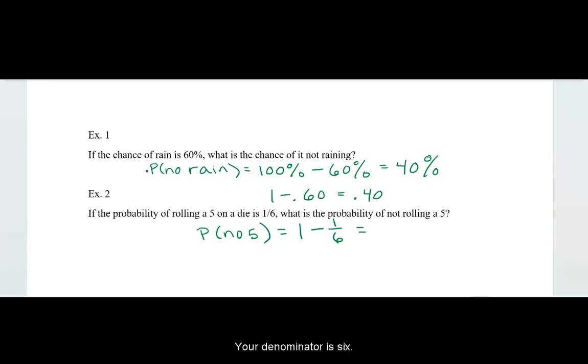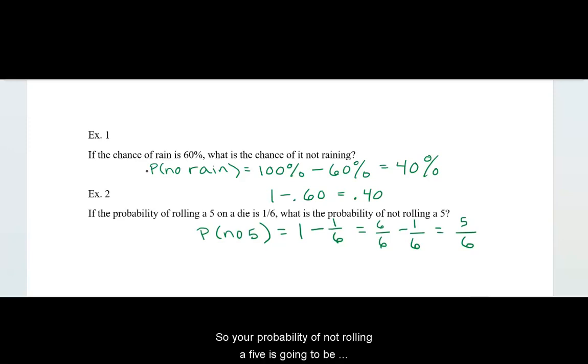Your denominator is 6. That means 1 whole will be 6 out of 6, and then minus 1 out of 6. That's 6 minus 1, which is 5. Remember, we don't change the denominator, so that stays as 6. So your probability of not rolling a 5 is 5 out of 6.